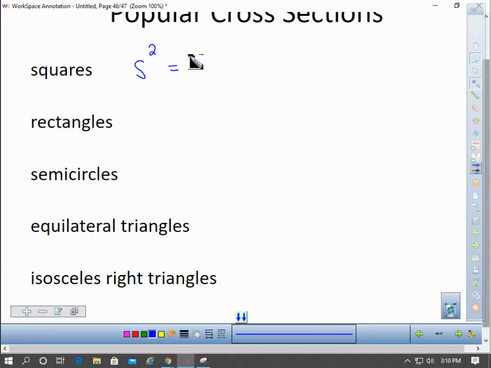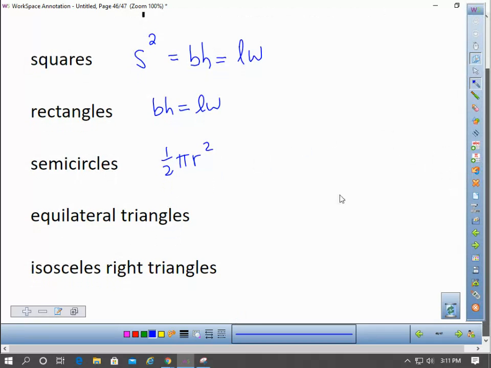Of course, it's base times height, length times width, but of course, the base and the height and the length and the width are the same, so it's just side squared. All right, rectangles, you can do base times height or length times width. It doesn't matter which way you refer to it, but with rectangles, it's going to be 2 different dimensions. Semicircles, your area formula is going to be 1/2 pi r squared, of course, half a circle for a semicircle.